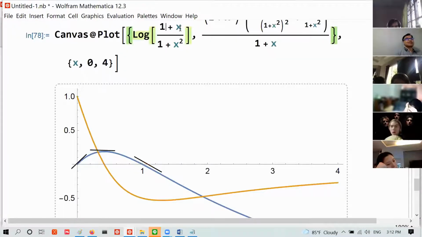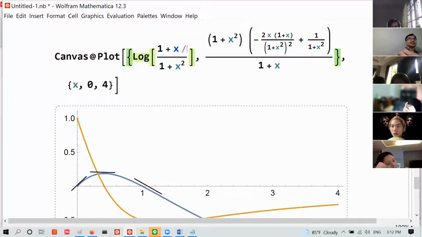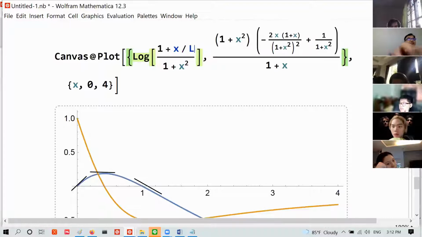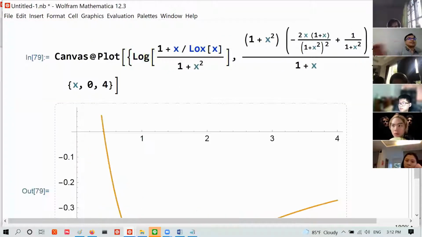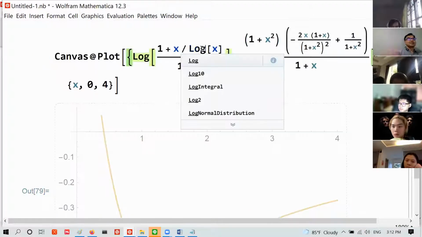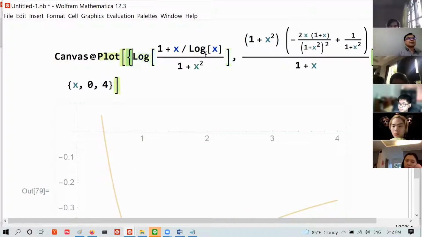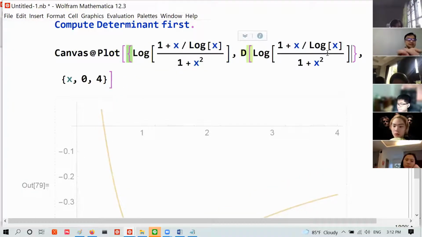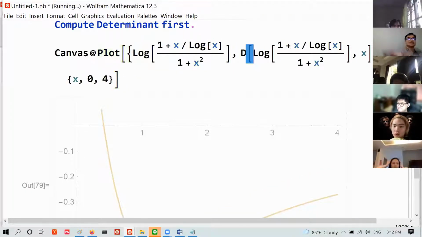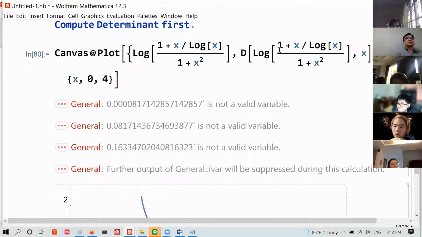Okay, I can put in something like log x. I don't know. Okay. Now make sure I put this in here.